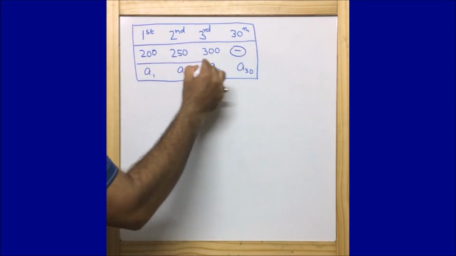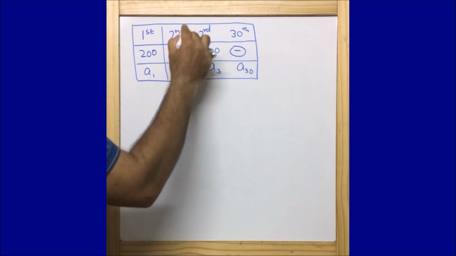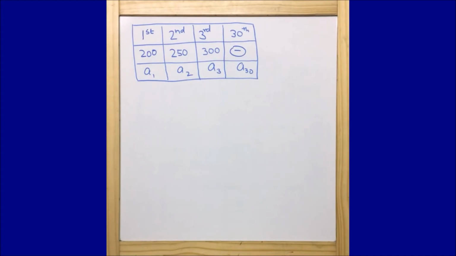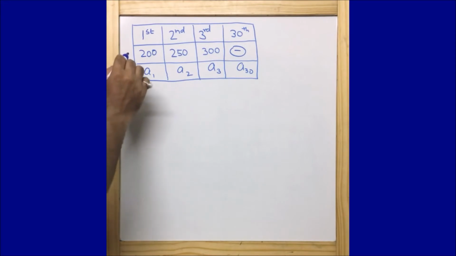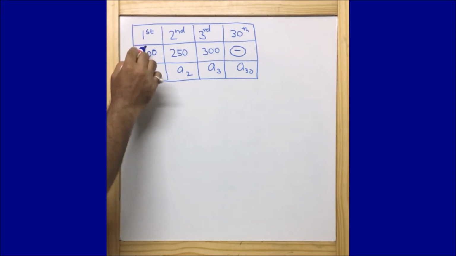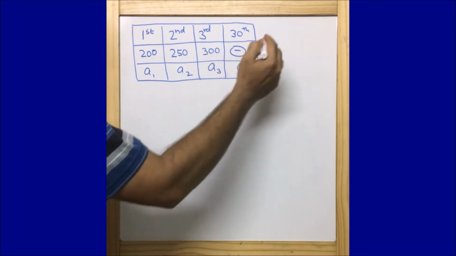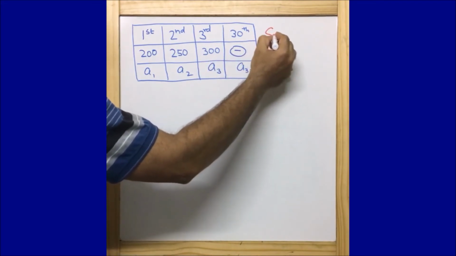With this data in hand, don't you feel that this question is easy? I feel this question is super easy. As per the question, it has asked how much money the contractor has to pay as penalty if he has delayed the work by 30 days. That means we need to find the sum from the first day till the 30th day. So our main objective is to find the sum of money that the contractor has paid if he has delayed from the first day till the 30th day.